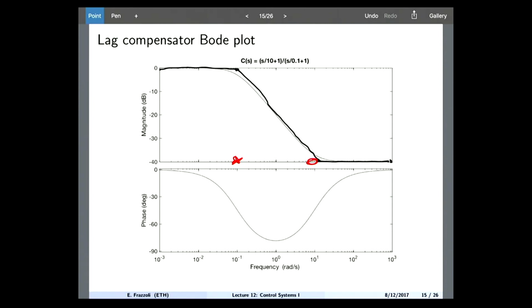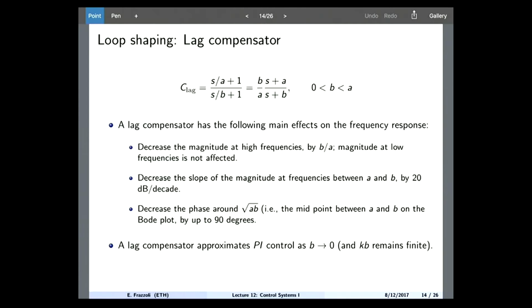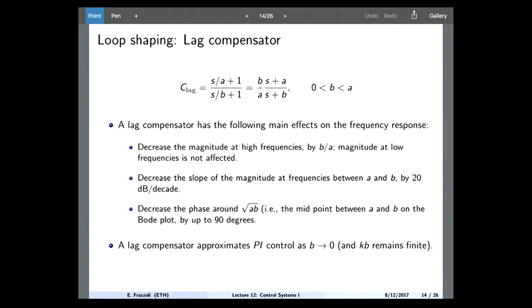Yeah, I think it's, okay, A over B. So what is the gain at low frequencies for this? Or the ratio of the gain at low frequencies versus the gain at high frequencies? If this is 1, then as s goes to infinity, what is the value of the transfer function?